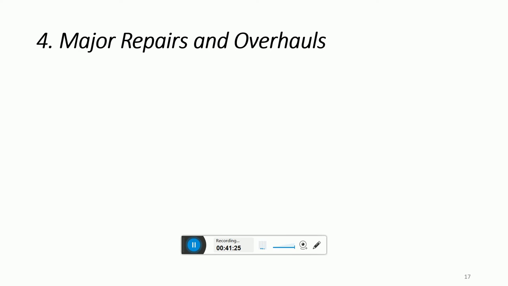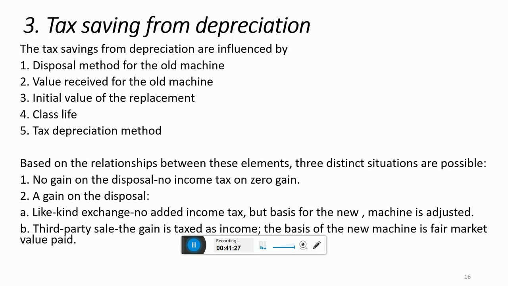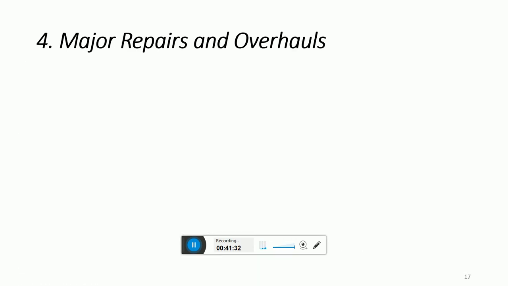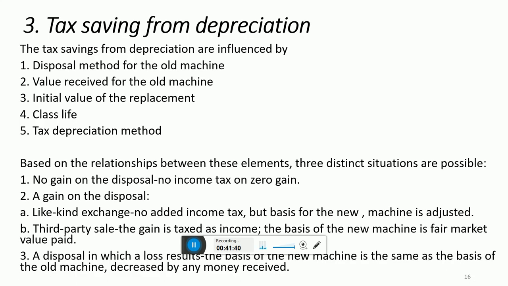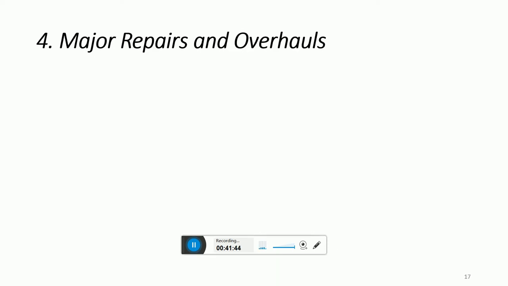So the first was no gain, no loss, the second is a gain on disposal, and the third is a disposal in which a loss results. We are not going to discuss this tax depreciation in more detail, but we are going to discuss the next point, which is major repairs and overhauls. This depreciation we will be discussing in the ownership cost as well in our future slides.